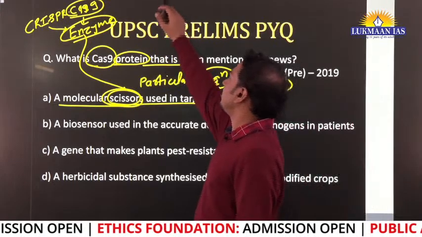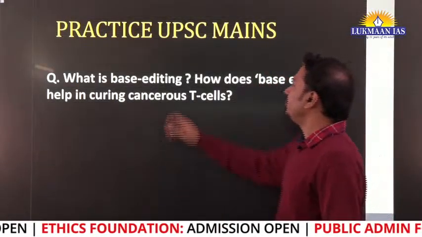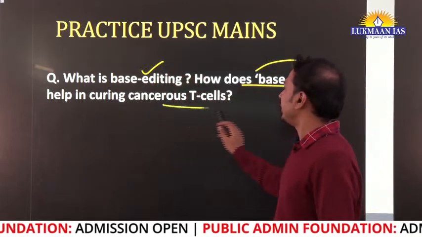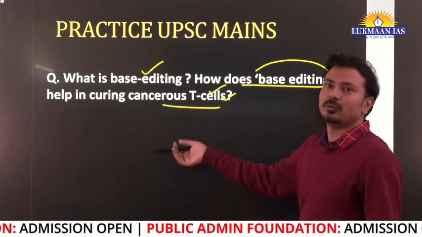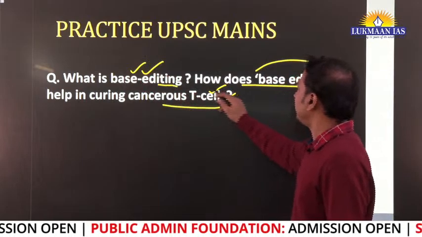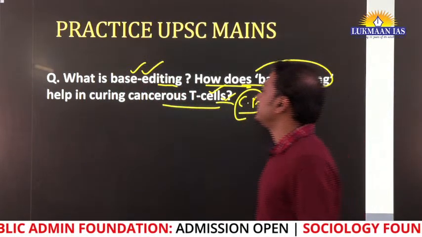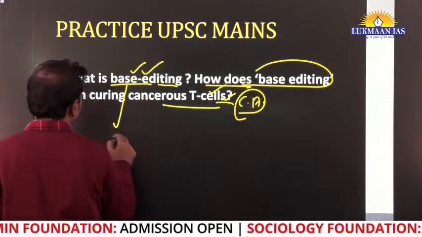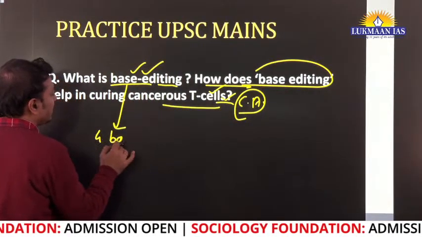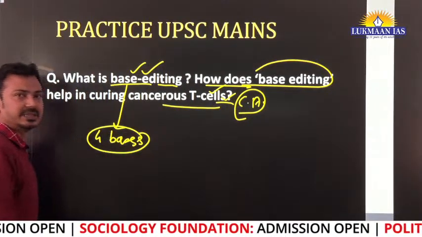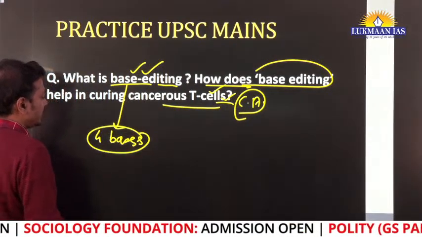Now, what can be the question from the mains perspective? What do you mean by base editing? How does base editing help in curing cancerous T cells? So one is from the basic part, the second is largely from current affairs. Just now we have talked about base editing. There are 4 bases, a combination of which makes up the genetic information in all living organisms.